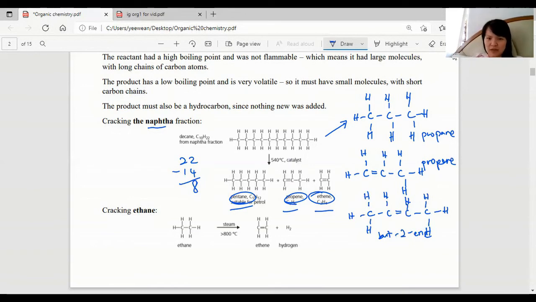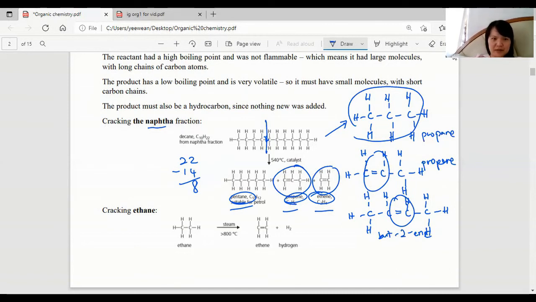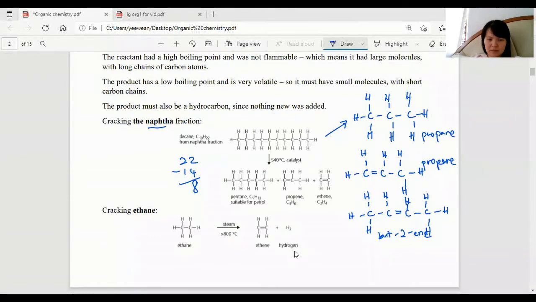But if you haven't noticed, it's always the alkene that is more abundant compared to the alkane that is formed. This is because the hydrogen is not enough. When you break this naphtha, there's a gap here, right? So there's not enough hydrogen to form all alkenes. There's bound to be some unsaturated hydrocarbons. When cracking is carried out, the products will always have shorter chains and they are smaller molecules.